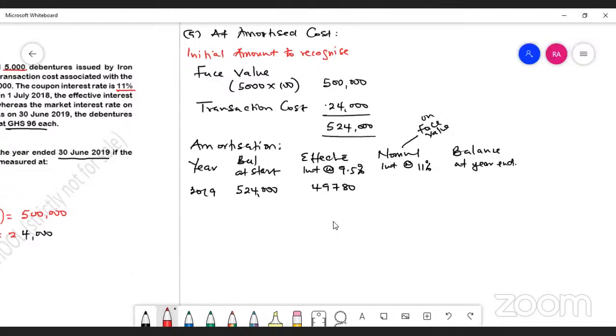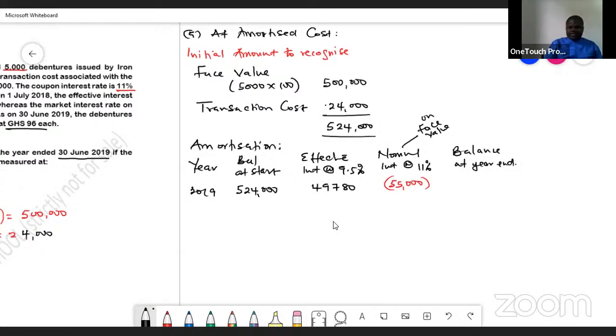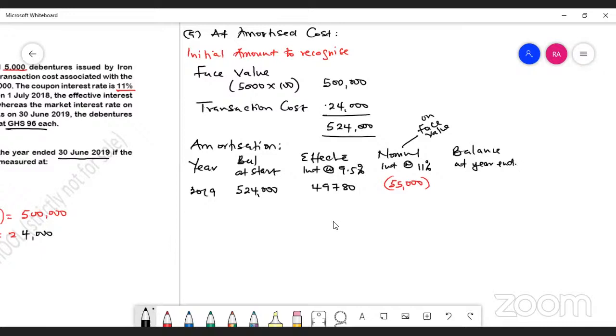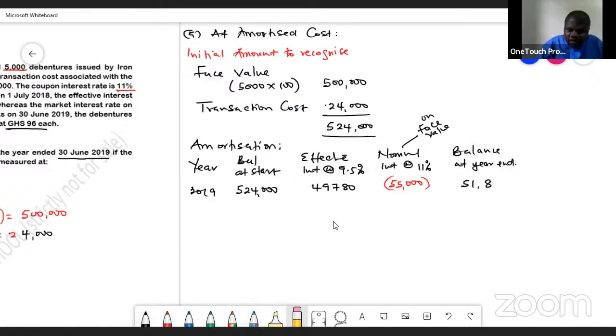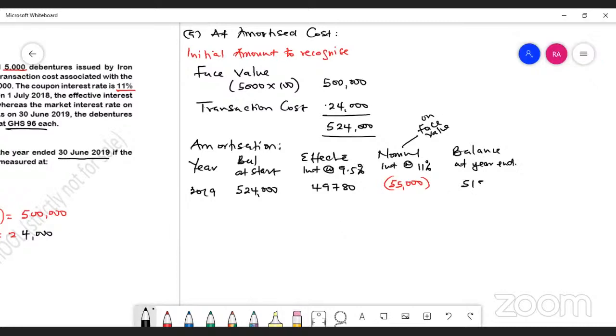So when you add them, how much are you getting? That's 518,780.